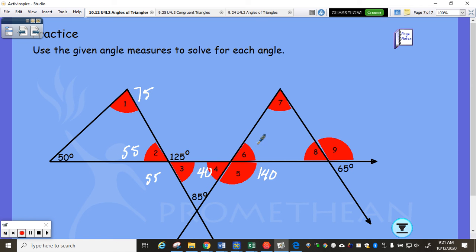What's 6? 40. We come over here, 65 and 8 are vertical. What's 8? 65. We add these two together and subtract from 180. What do we get for 7? 75. And 8 and 9 are a linear pair, so 9 is what?